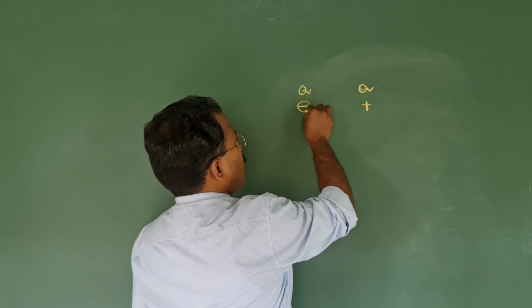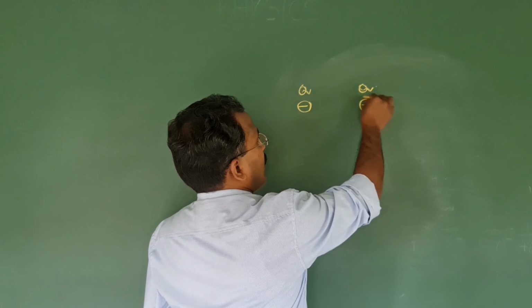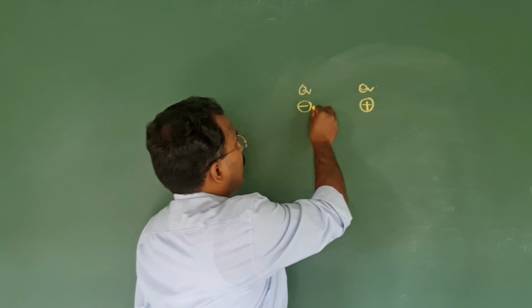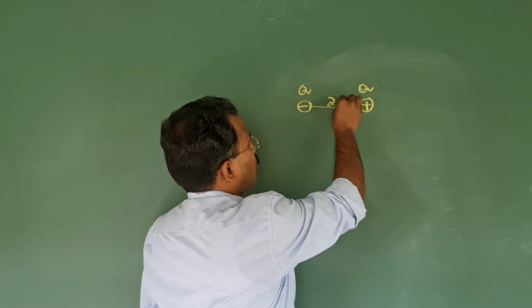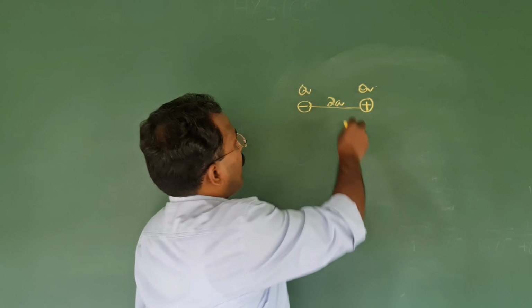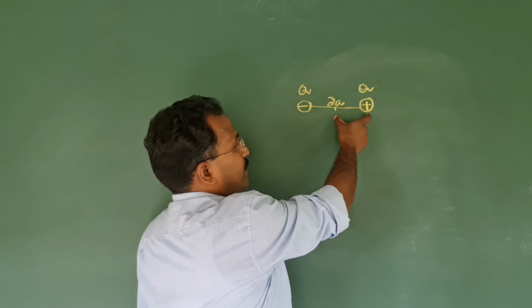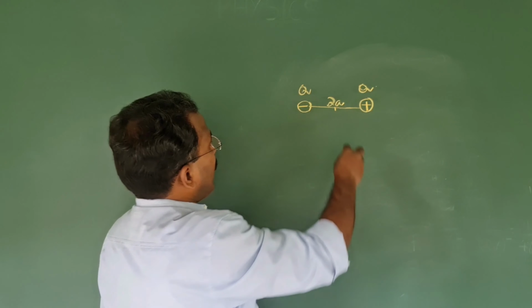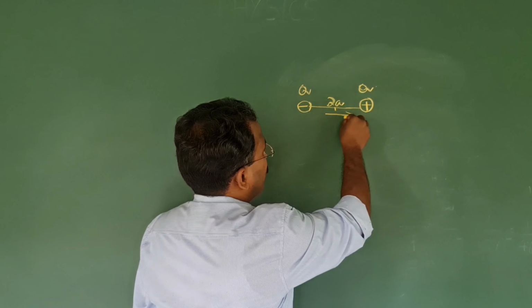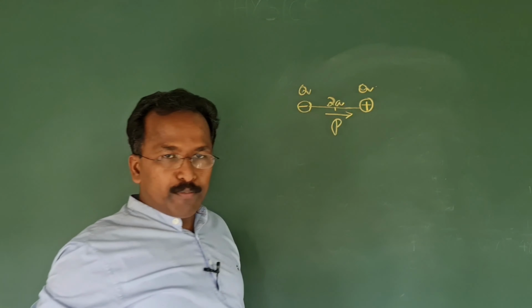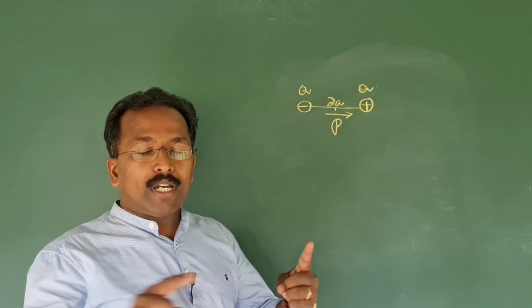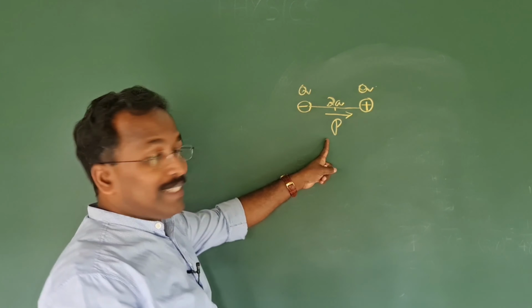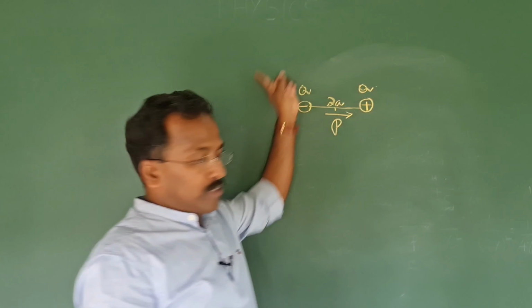So this is how we usually represent an electric dipole. This distance is 2a, means half distance will be a, and this is the direction of dipole moment P, and now you have to calculate the electric field produced by this dipole in the neighborhood.